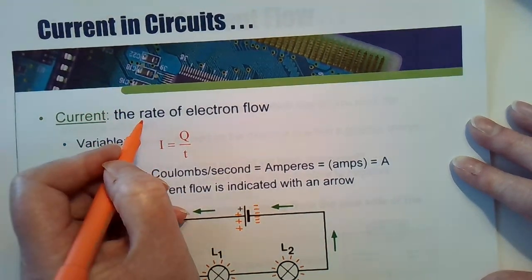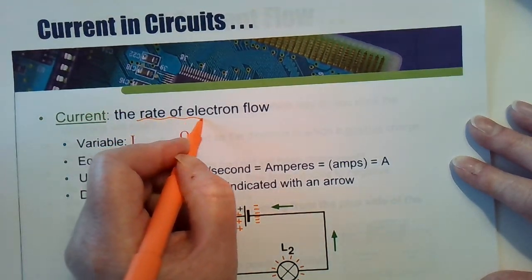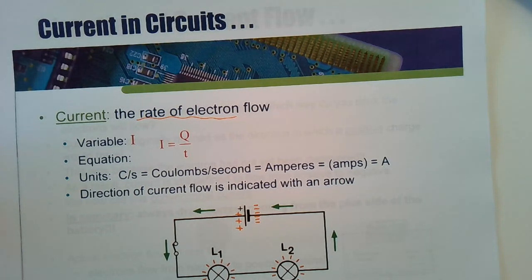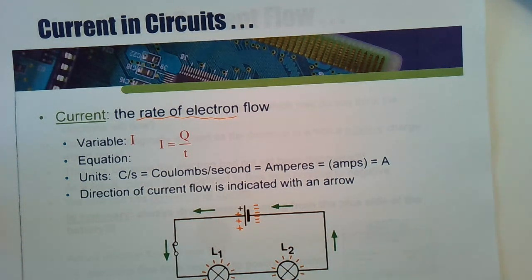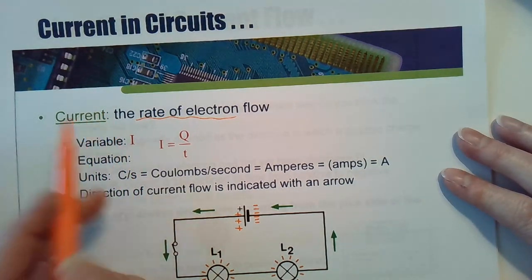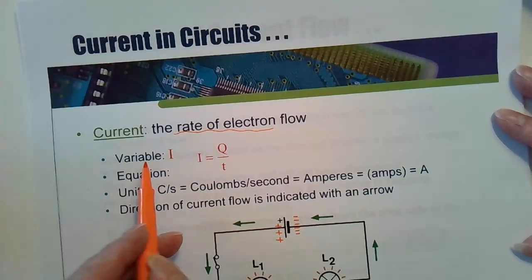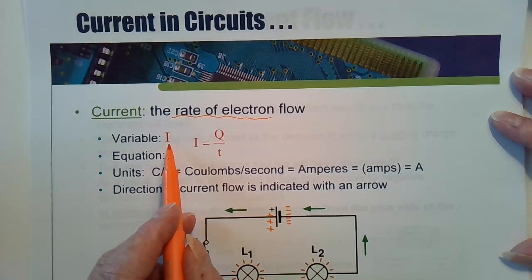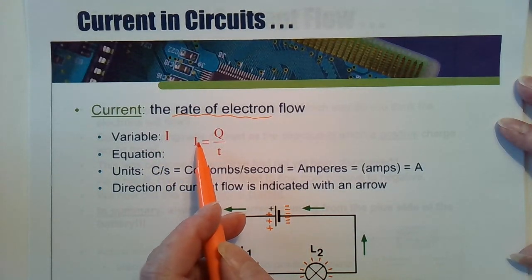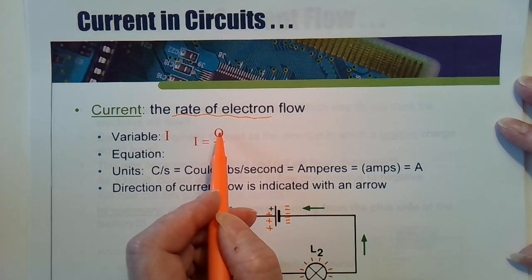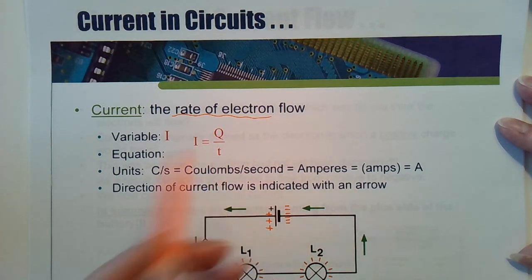So when it says current is the rate of electron flow, I want you to picture the electrons to be like little ants marching through the wire. How fast the ants march, how fast the electrons march around the circuit, is current. The variable for current is the capital letter I. And the equation is how fast the charges march per time.